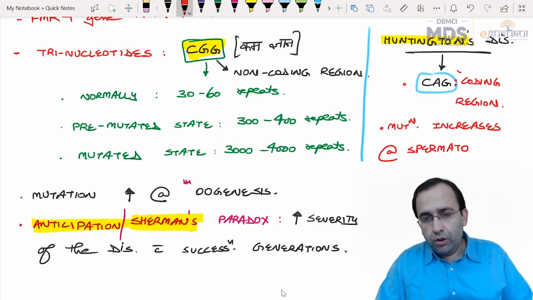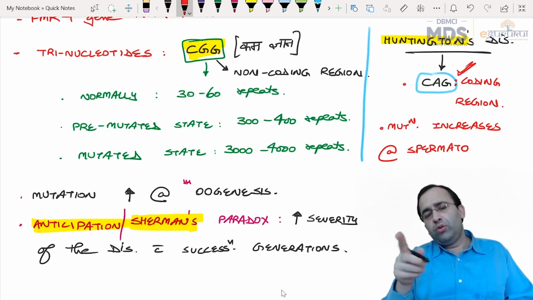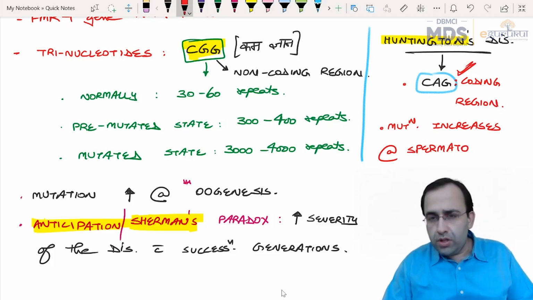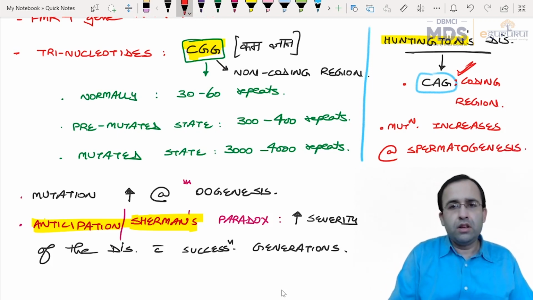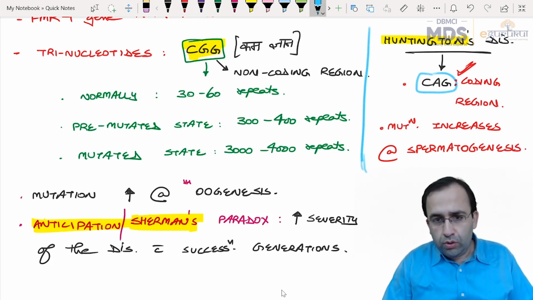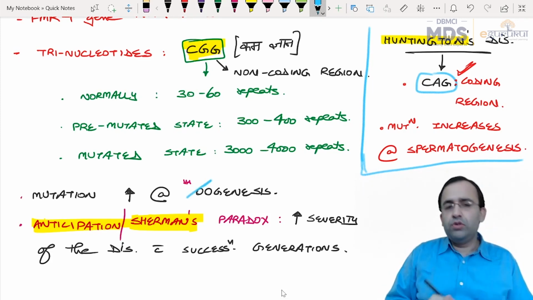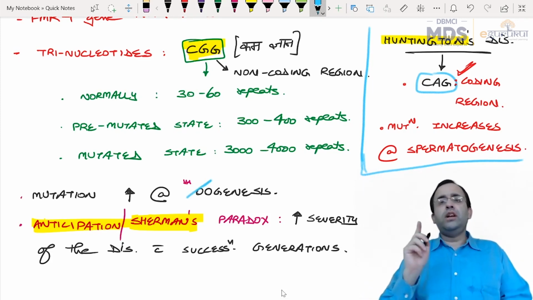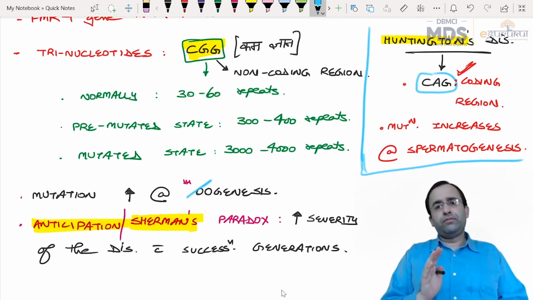Very important. It was a repeat in the coding region. Whichever trinucleotides repeat in the coding region, the mutation increases at spermatogenesis. So in the non-coding region the mutation increased at oogenesis, versus in the coding region the mutation increased at spermatogenesis.